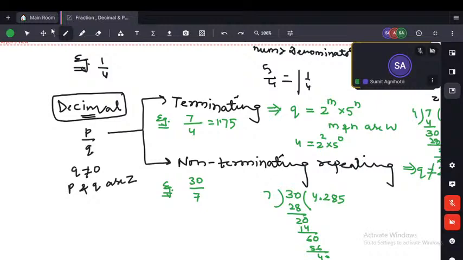It will keep on coming like this. That's why we put a bar symbol here. It's repeating. It will never terminate. It will keep on repeating. Understood, Aryan?